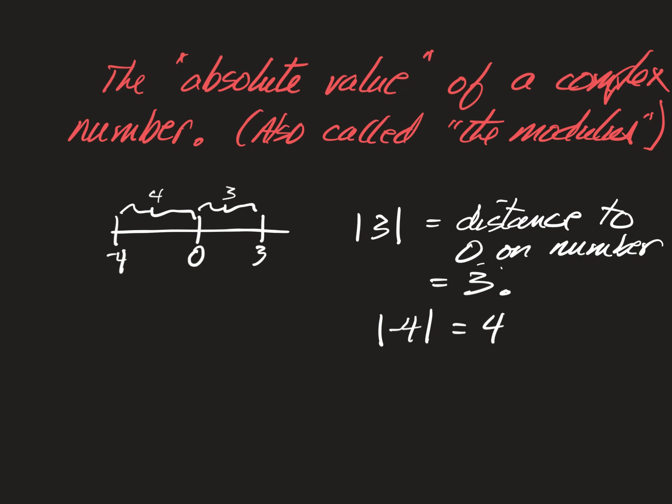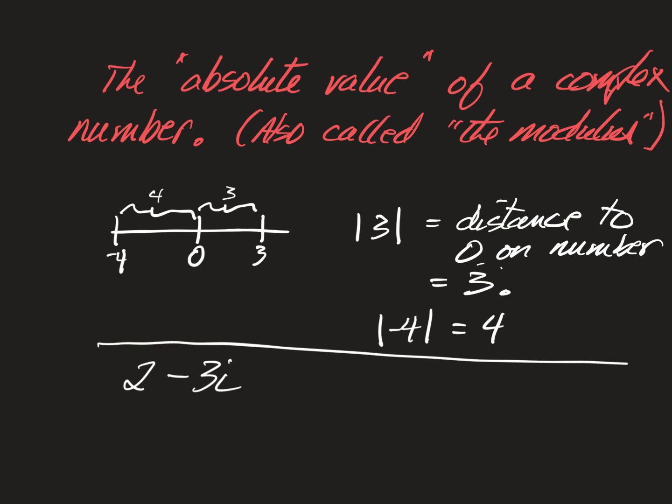That's what absolute value was. Well, what about a complex number? What if we had 2 minus 3i? All right? And we want to find the absolute value of that. So if you look at 2 minus 3i and you graph it in the complex plane, we want to find out how far it is from 0.